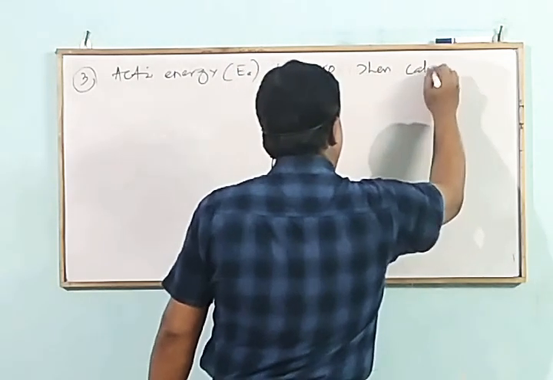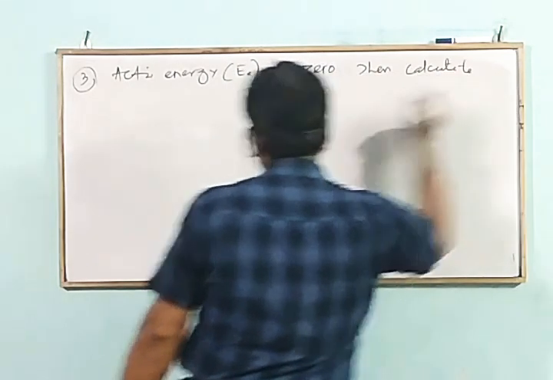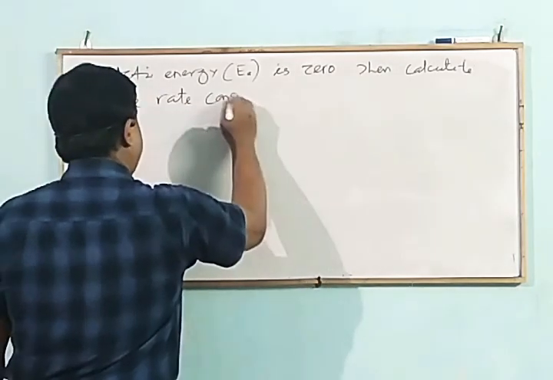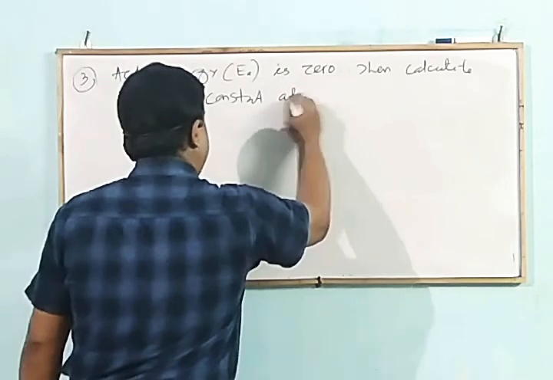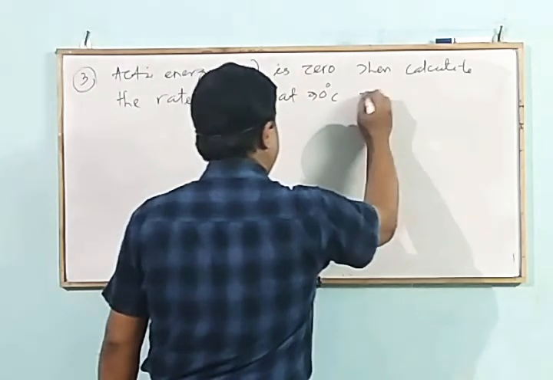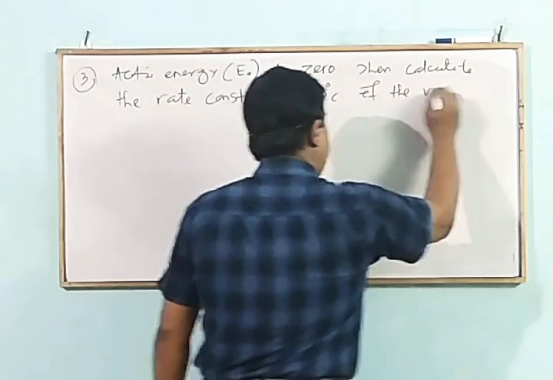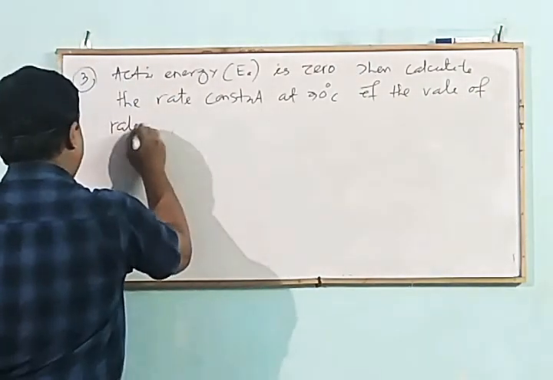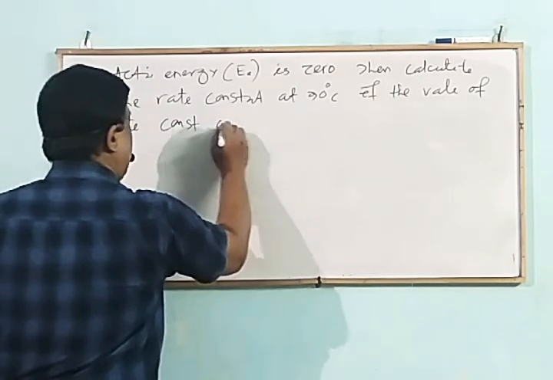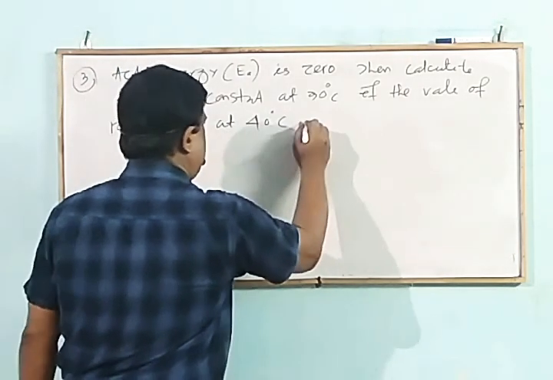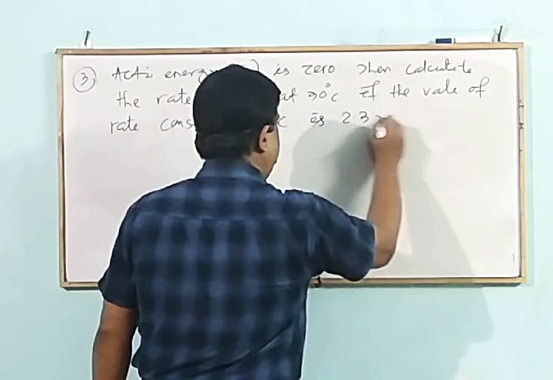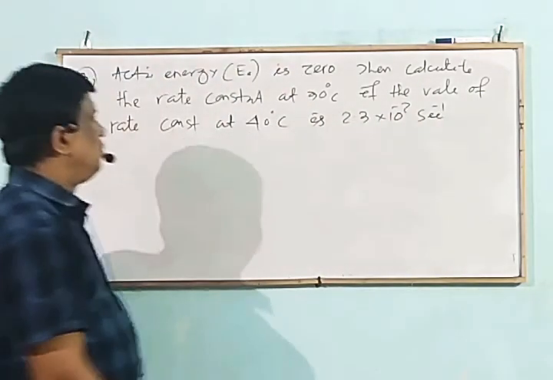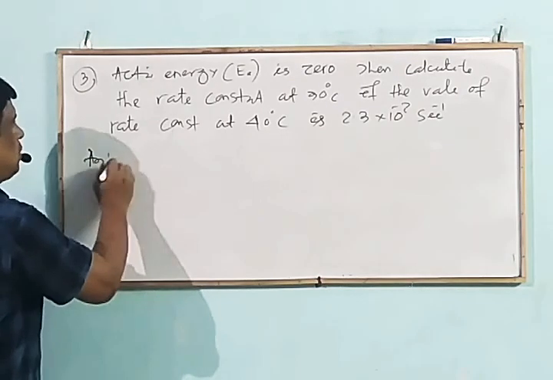Then calculate the rate constant at 30 degrees Celsius if the value of the rate constant at 40 degrees Celsius is 2.3 × 10^-2 second inverse. Mark that. What is the question?